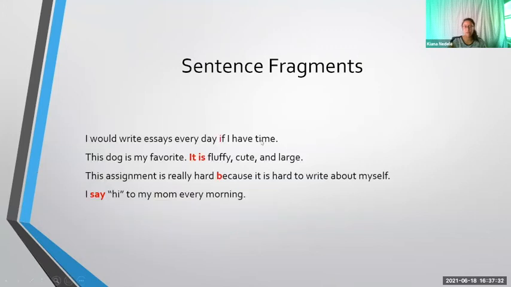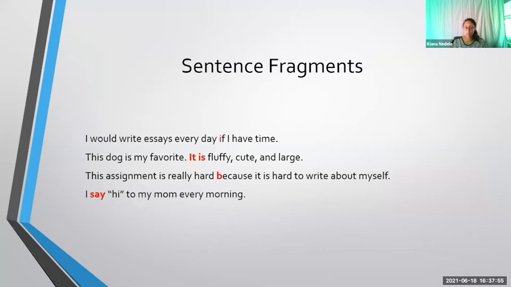So here are these sentences with corrections. I say hi to my mom every morning. This dog is my favorite. It is fluffy, cute, and large, right? We added the missing verbs or missing words.